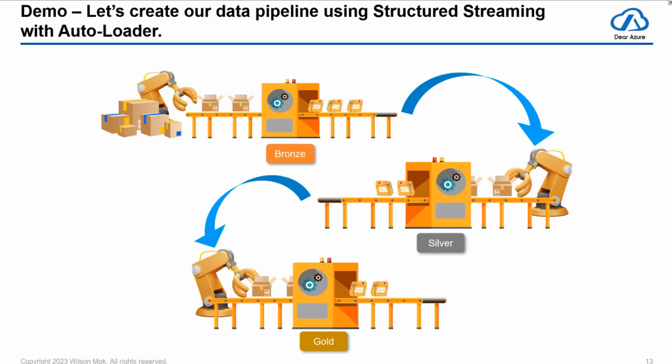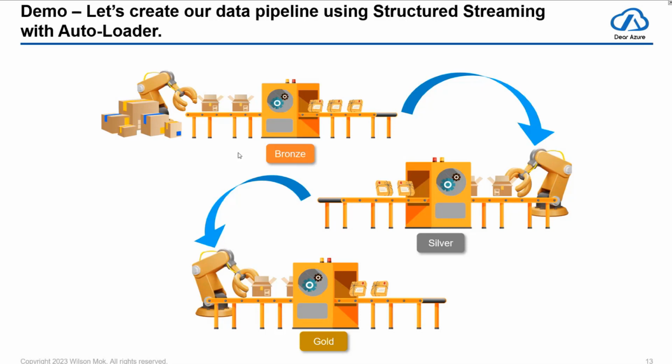As we discussed earlier, this is the machine that utilizes the Autoloader on the top left, where it only grabs the JSON files that we need to process. Let's say the yellow taped boxes, and structured streaming would then take this data onto the conveyor belt, all the yellow ones only, and then repackage them.